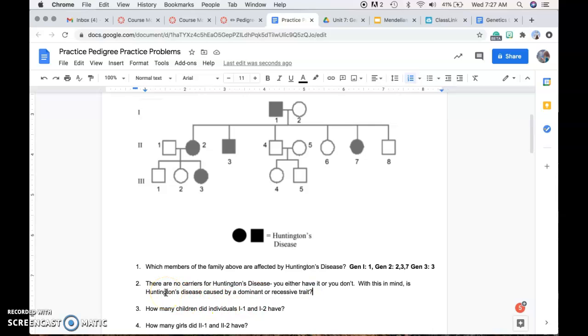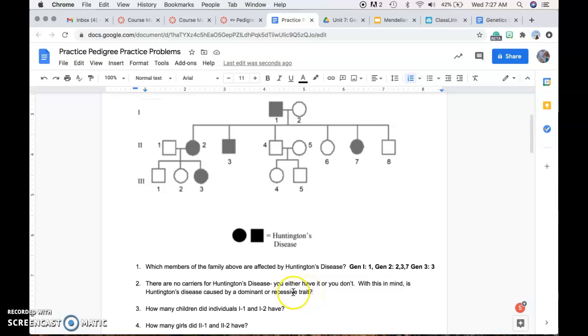Question number 2. There are no carriers for Huntington's disease. Either you have it or you don't. With this in mind, is Huntington's disease dominant or recessive? Let's think about it. You either have it or you don't. In order for it to be a recessive trait, that means it's a lowercase letter, and in order to have it, you need to have 2 of the recessives.